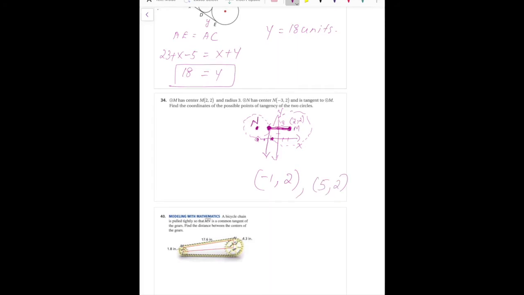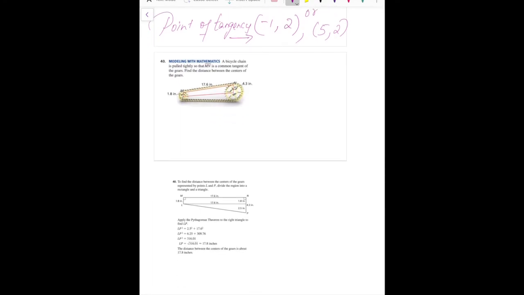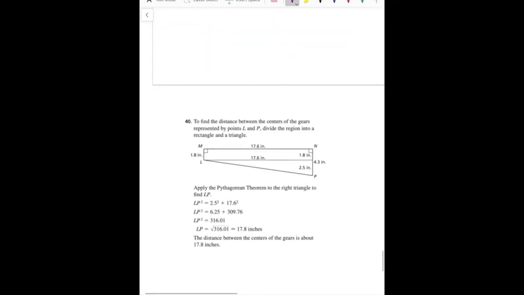Other side, because from here if I go 3, that's going to be 5. So (5, 2). So that is the point of tangency. That's kind of logical. This one or (5, 2). There are two possibilities. Okay, let's move on to the next problem.